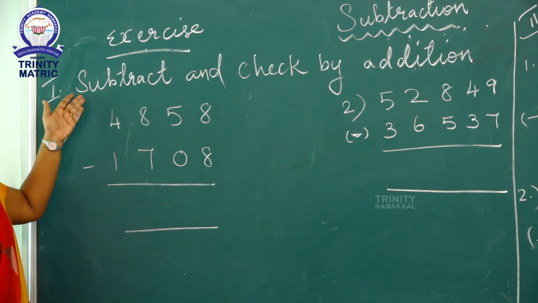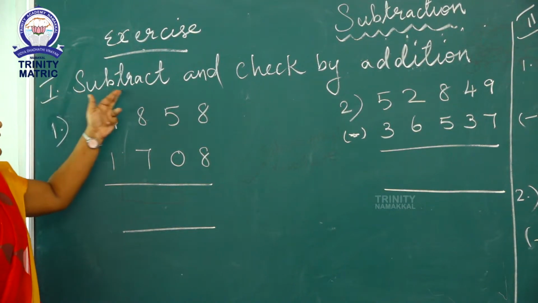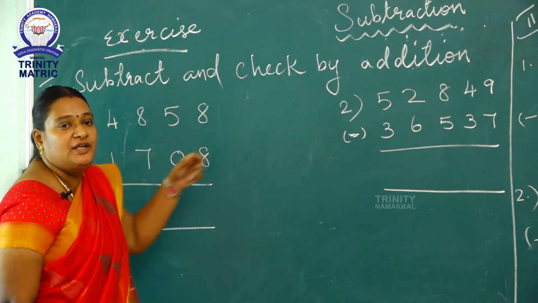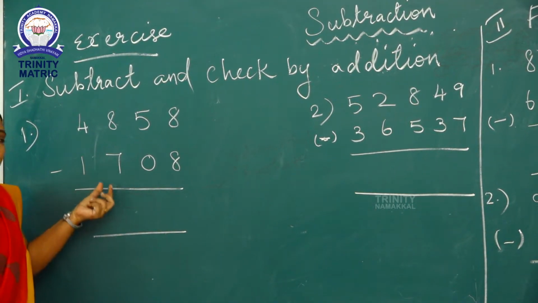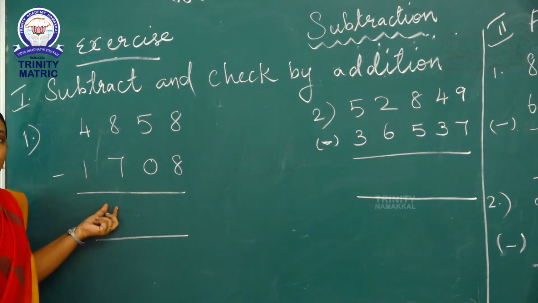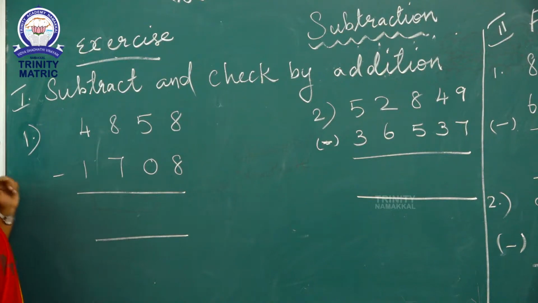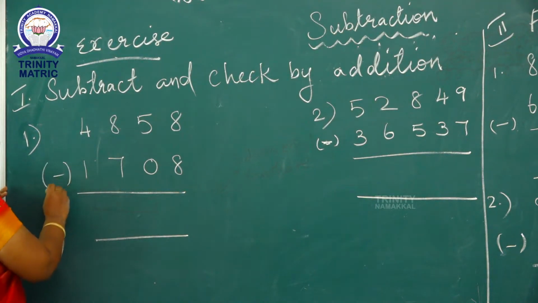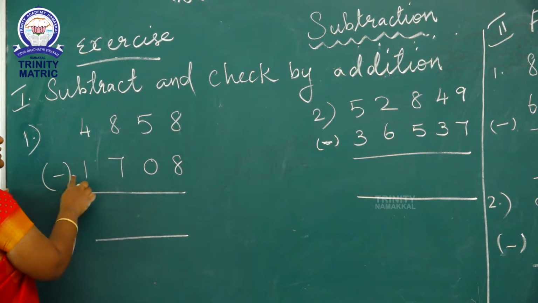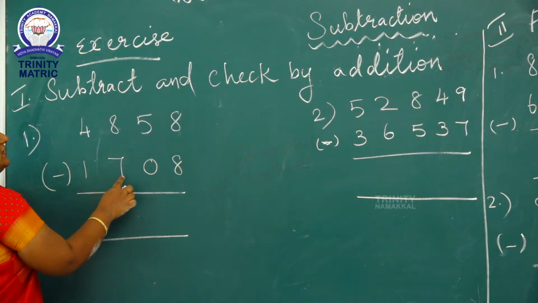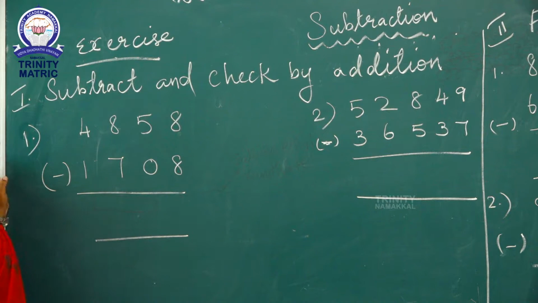Listen here. First question: subtract and check by addition. You have to subtract, then check your answer by addition. Listen carefully. This is the given sum: 4858 minus 1708.